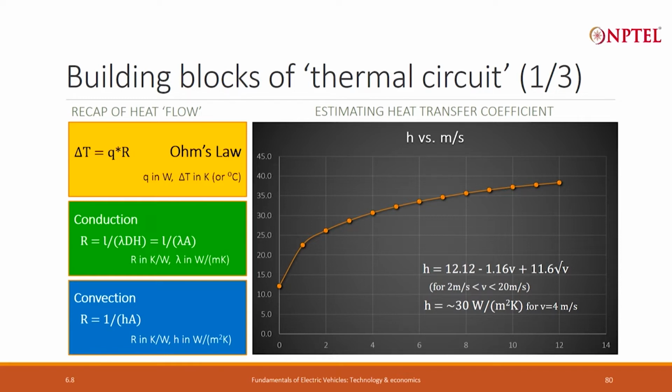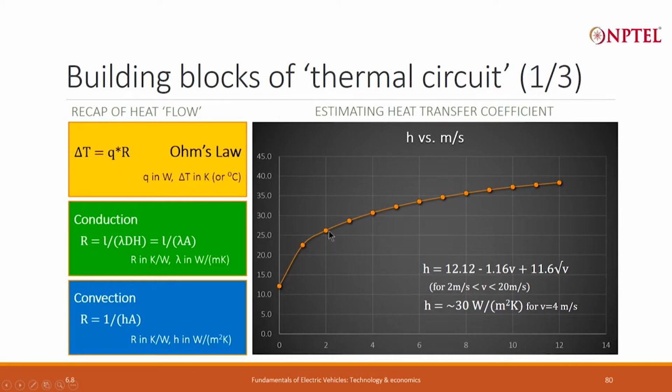What you see is that as the speed increases, initially if I put V equal to 0, then H is equal to 12.12, and the moment a slight wind starts blowing, it is becoming close to 25.